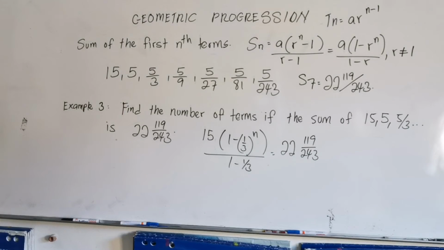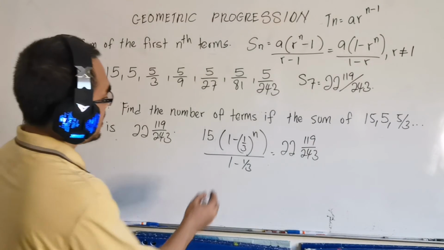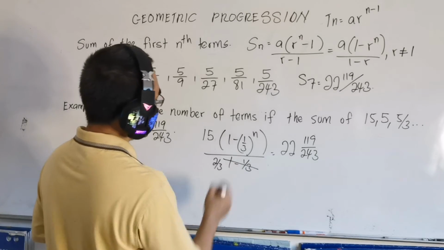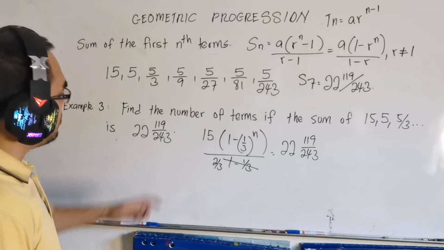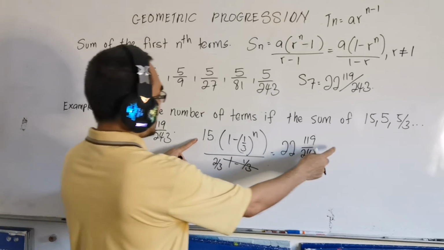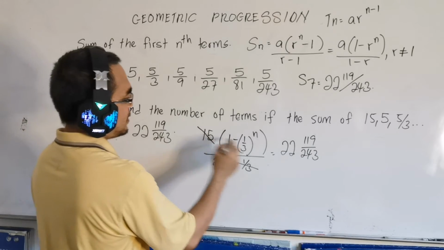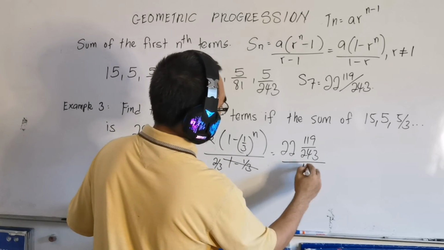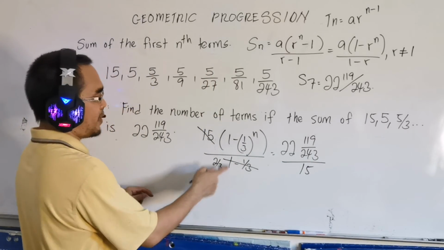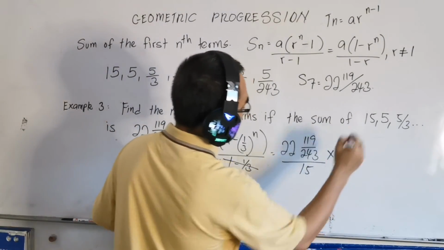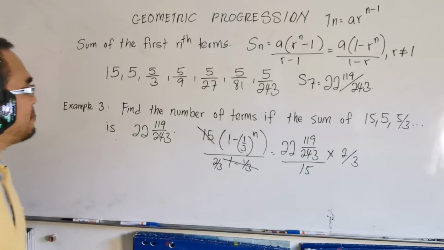First, I'll simplify this to become 2 over 3, and then I'll move these two numbers to the other side. If you move that 15, it becomes divide by 15; if you move that 2 over 3, it becomes times 2 over 3. So we simplify that.